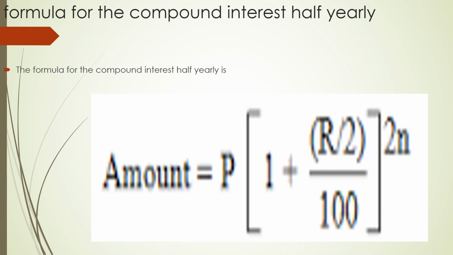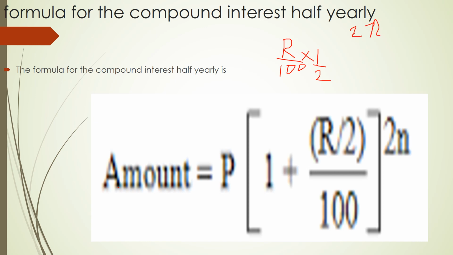The only change you need to do is add half, 1 by 2, to the R by 100. It will be like R by 100 into 1 by 2.